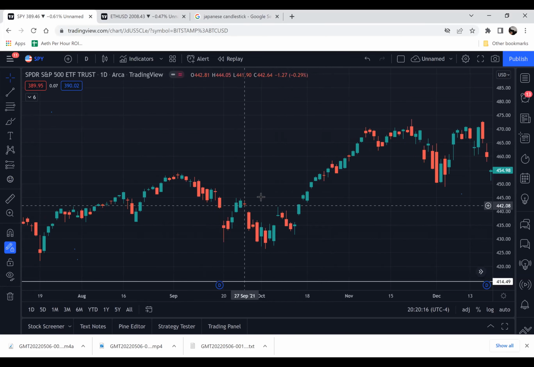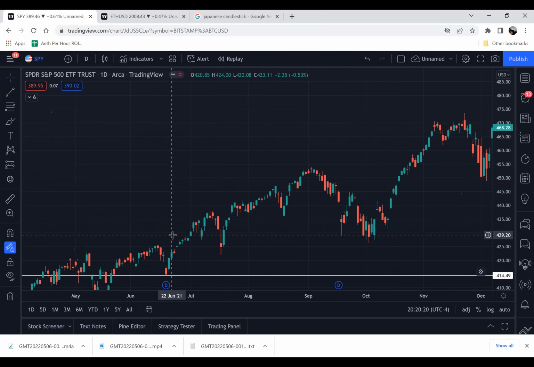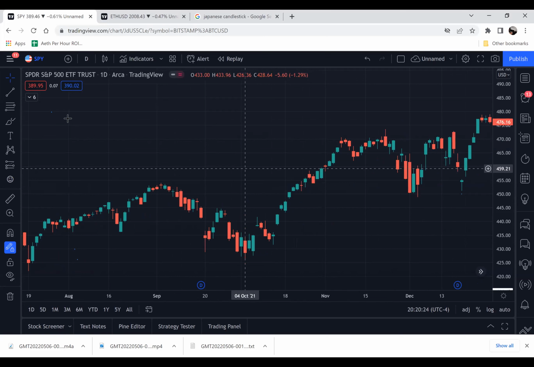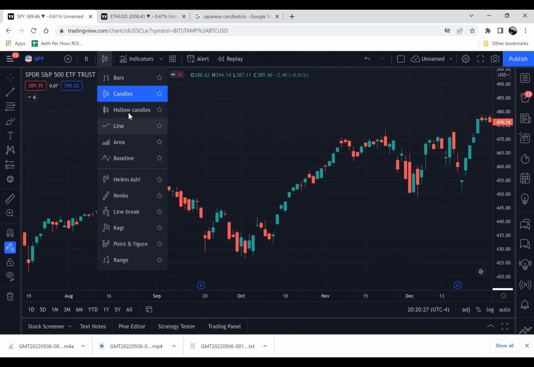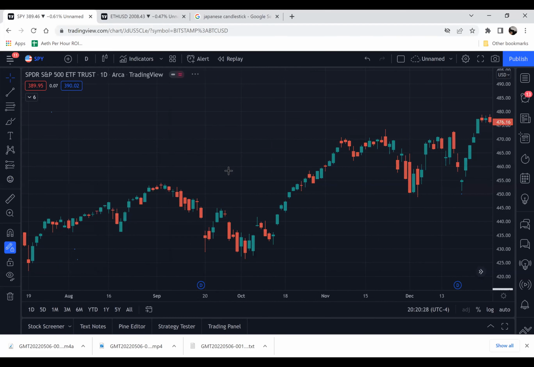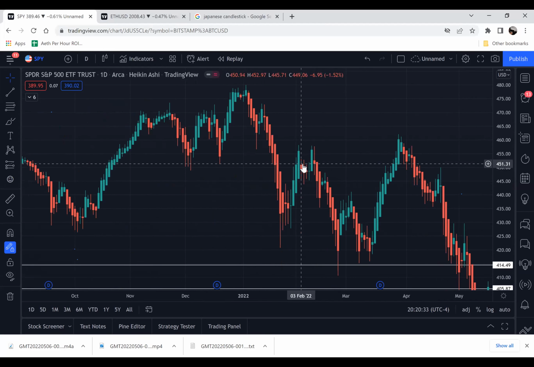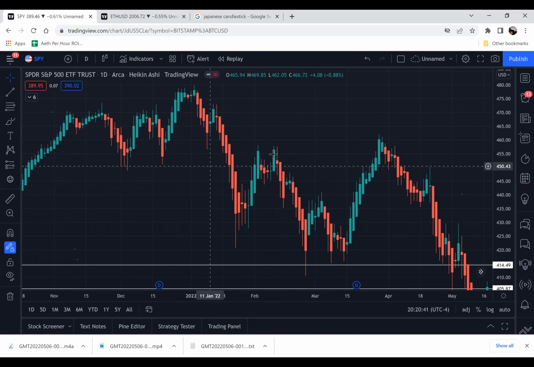And another thing that I would add, before I say that, is that using different candles gives you different results, right? Like if I was to move this over to a Heiken Ashi candle, and these are the candles that I learned how to trade on, you will never see a gap, right? And it's because all these candles have a form and a strategy that you trade them by, right?